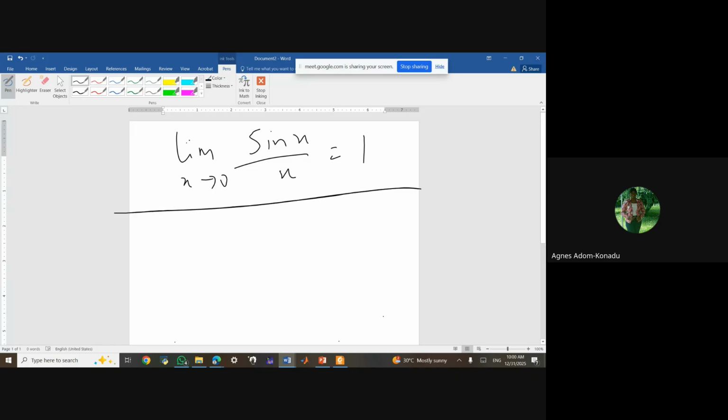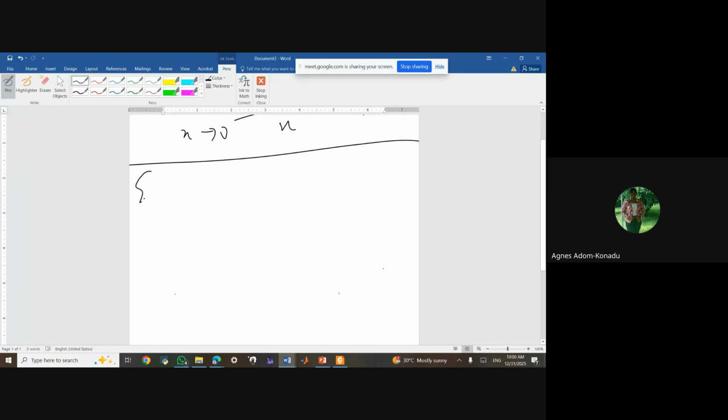Having this in mind, we want to evaluate the limit as s approaches 0 of tan x over x.